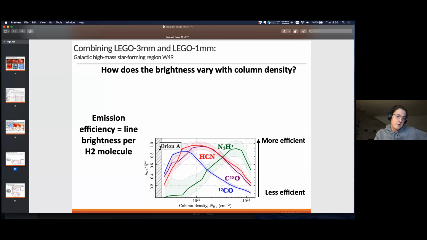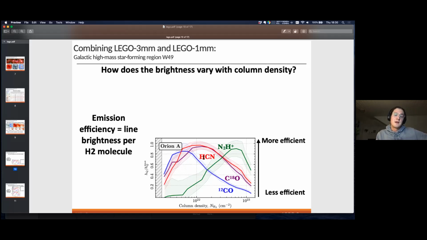For example, in Orion, obviously the simplest, closest region, so a very different region to what we're studying in W49 in terms of star formation. But just to show here, they see that 12CO has a very high emission efficiency at the lower column density end, or low extinction as well, say.